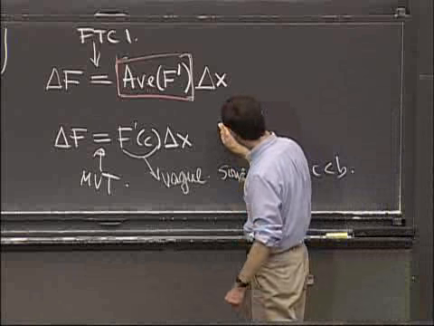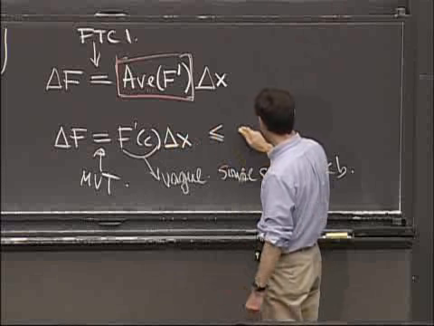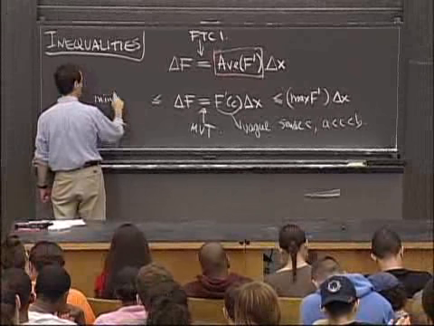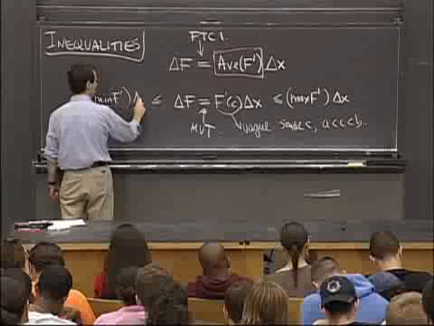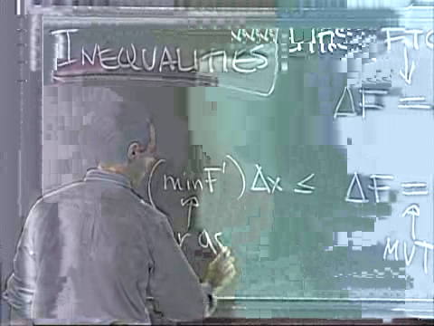All we can do is say, well, for sure it's less than the largest value, say the maximum of f prime times delta x. And the only thing we can say for sure on the other end is that it's greater than or equal to the minimum of f prime times delta x over that same interval. This is over a less than x less than b.